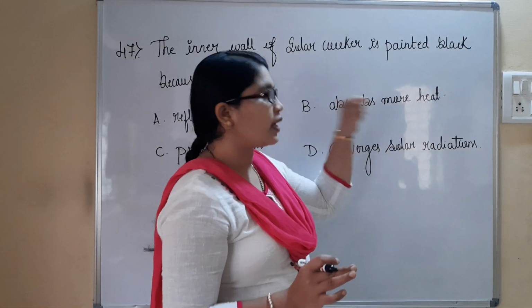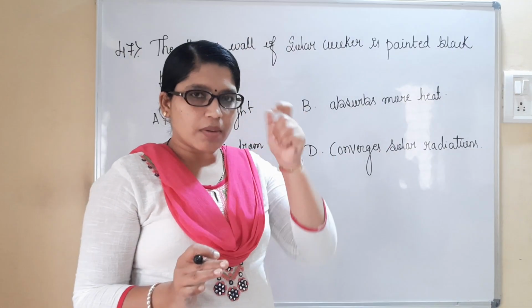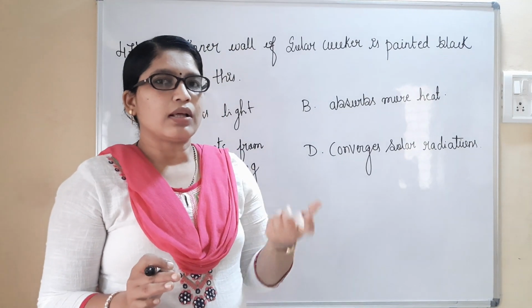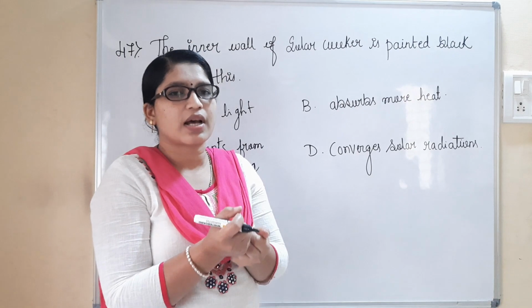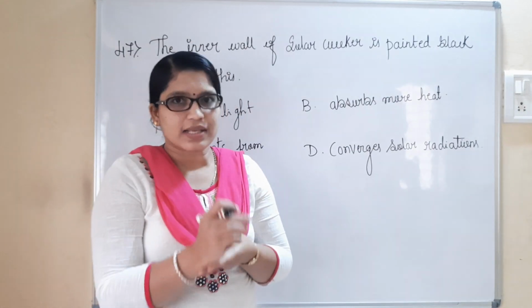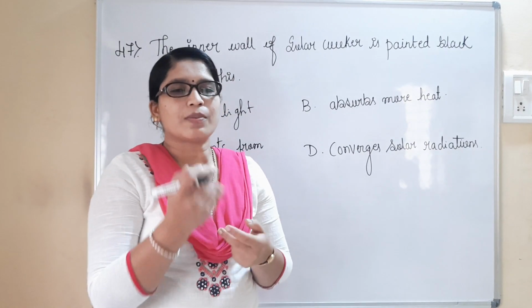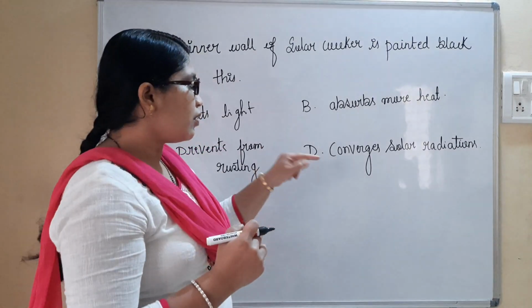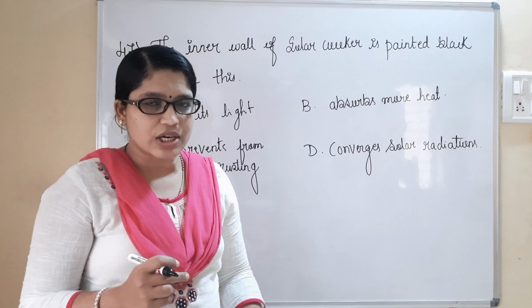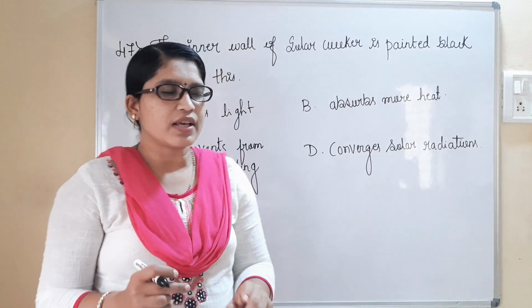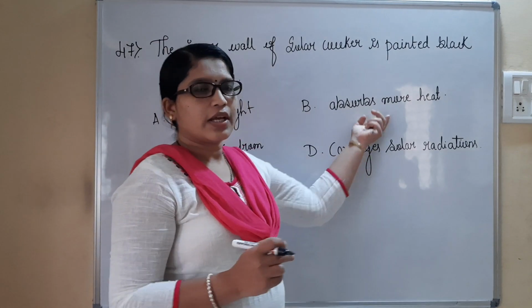Then absorbs more heat. Remember, black color is more capable of absorbing heat as well as light. It easily absorbs heat as well as light. Then we have converges the solar radiations: no question of converging the solar radiations at all. So the only correct option left here is that it absorbs more heat.